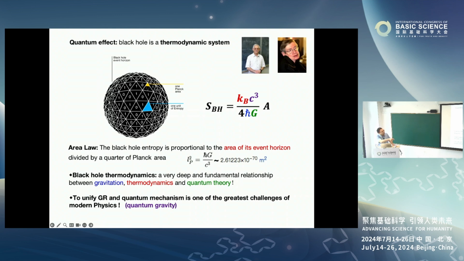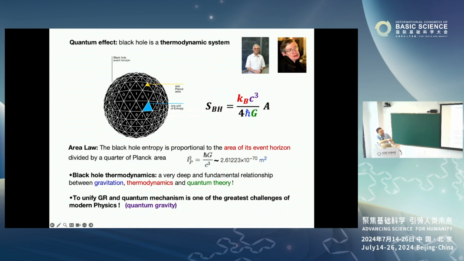You see the area law, because it's not a volume law like a traditional thermodynamic system. The black hole has an area law. Its thermodynamic entropy is given by its event horizon area divided by the Planck area. You see there are many important fundamental constants in this.